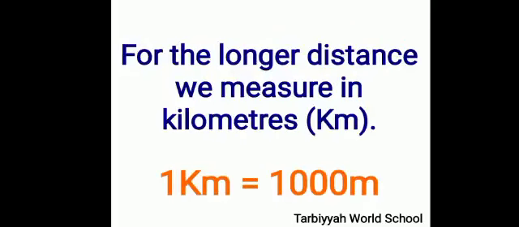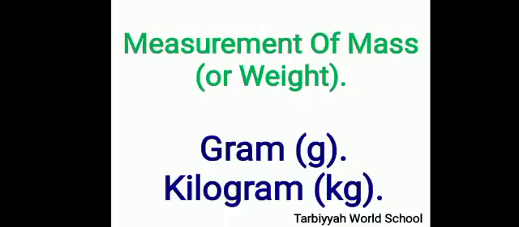Okay. Now see, for the longer distance we measure in kilometers. Okay, we measure the longest distance in kilometers. The unit of kilometer is km, and 1 kilometer is equal to 1000 meters. Okay, the measurement of mass or weight.